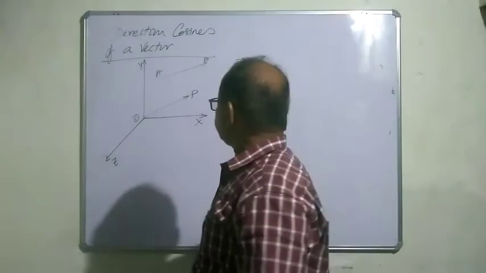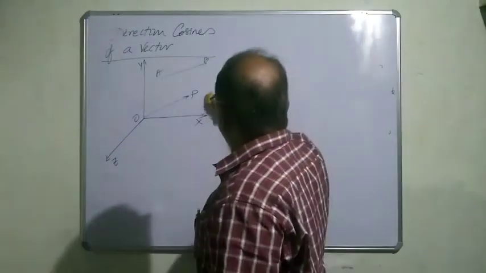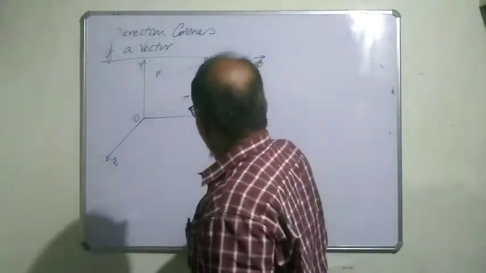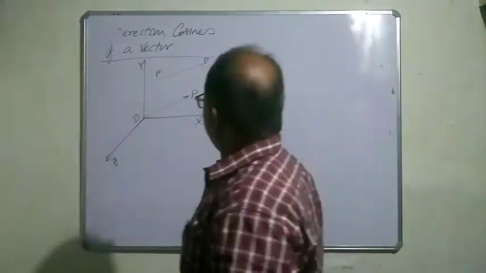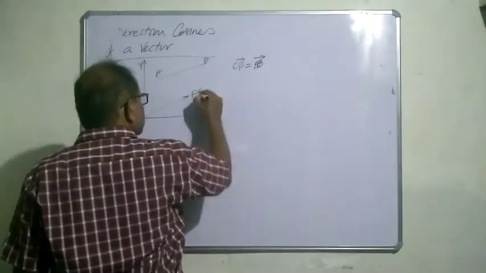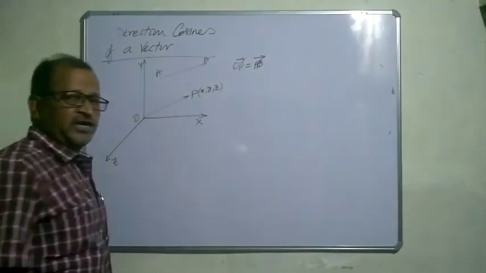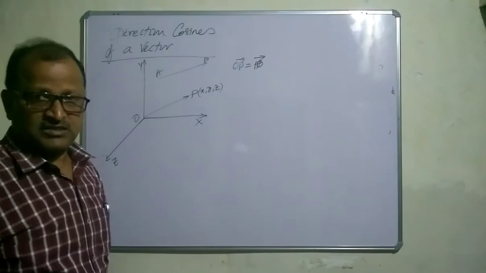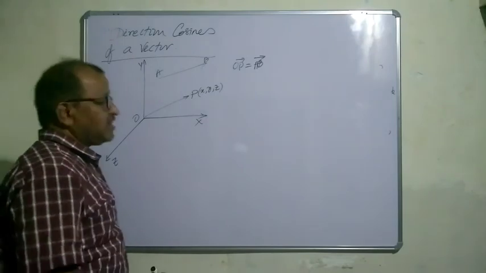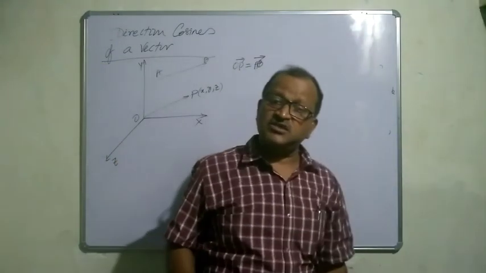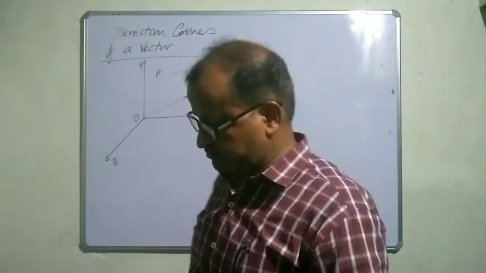Now you see, let the coordinates of this point be x, y, z. Let us define direction cosines of a vector.